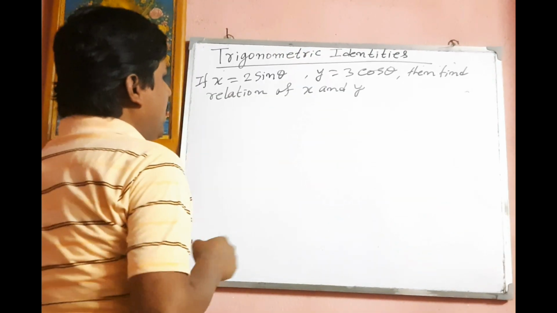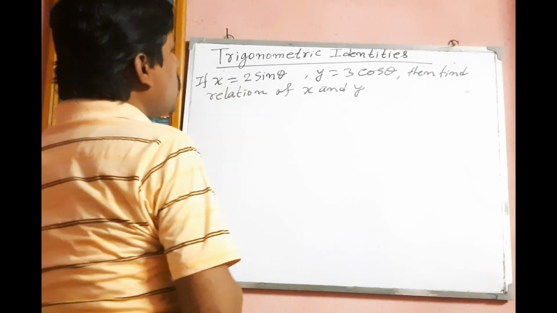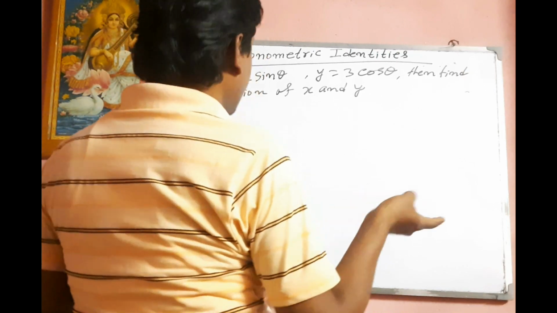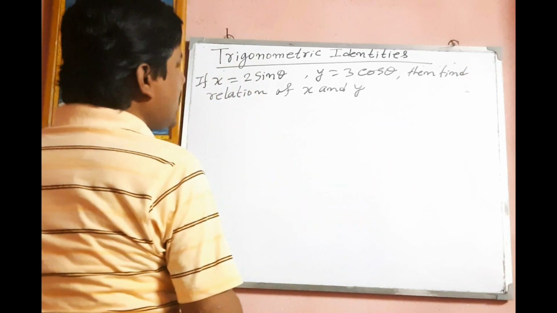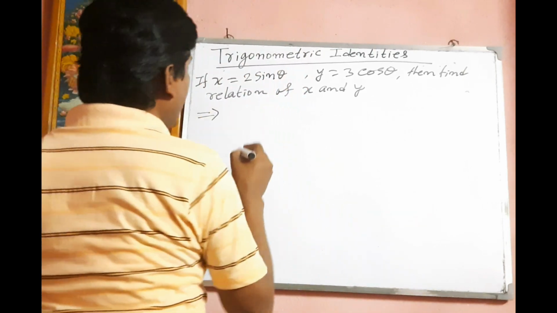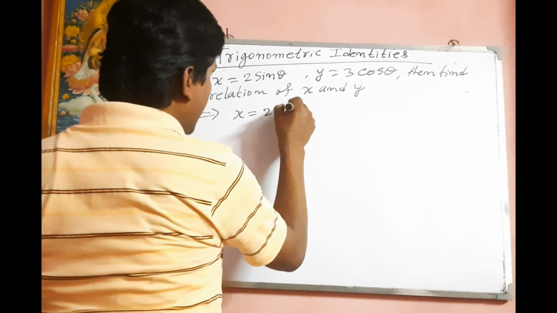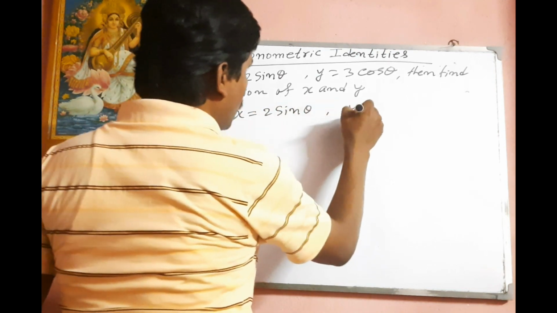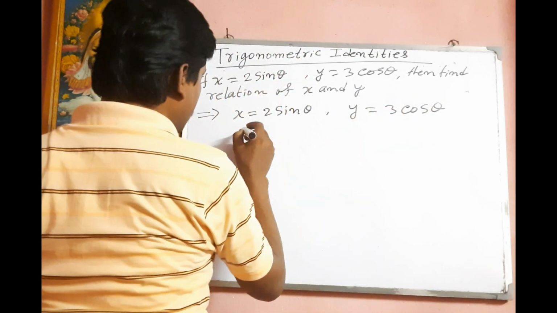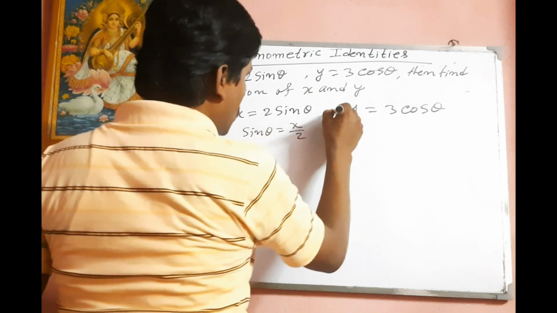The next example of the day is: if x is equal to 2 sin theta and y is equal to 3 cos theta, then find the relation between x and y. According to the given information, x is equal to 2 sin theta and y is equal to 3 cos theta. So sin theta is equal to x by 2.